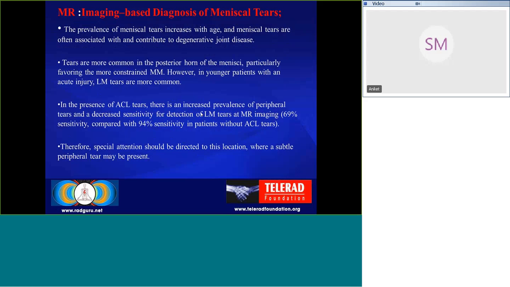However, in younger patients with an acute injury, lateral meniscal tears are also seen. In the presence of ACL tears, there is increased prevalence of peripheral tears and decreased sensitivity for detection of lateral meniscal tears at MR. Therefore, special attention should be directed to this location, as a subtle peripheral tear may be present.